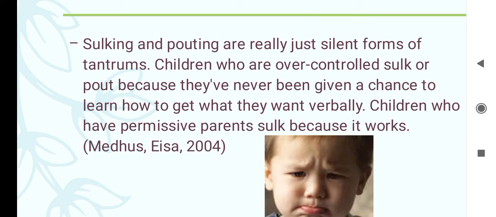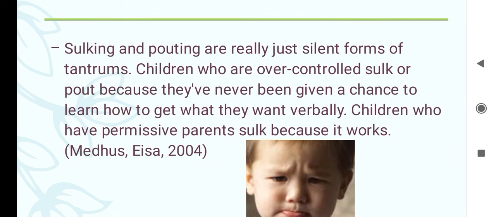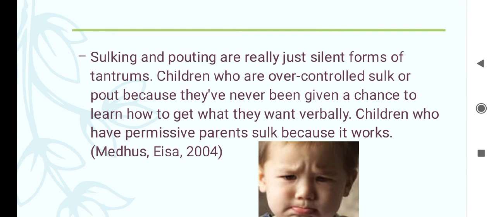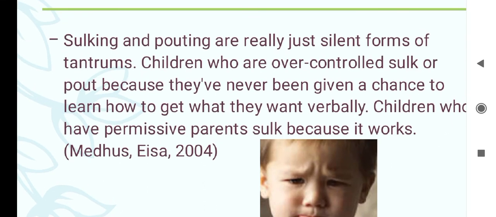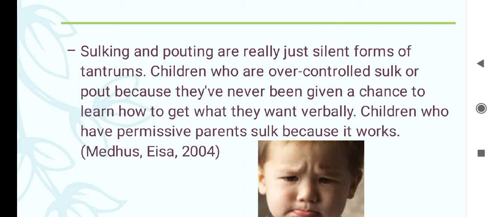Jadi some parents yang kurang strong, alright, yang memanjakan anak. Bila nampak je anak buat muka, bila nampak je anak memuncungkan muka, tunjuk muka tidak puas hati, parent terus menunaikan permintaan dia. Jadi every time bila anak dia buat muka, ibu dia terus tunaikan permintaan dia, beri apa dia nak.